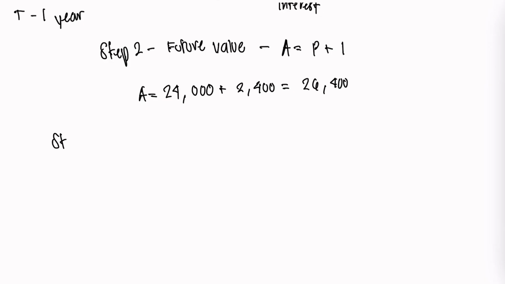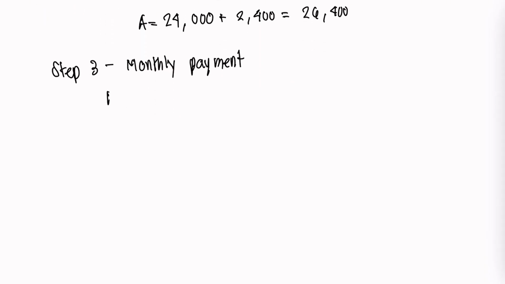Now, let's move on to step 3. For step 3, our objective here is finding the monthly payment. Our monthly payment formula is A divided by the time.